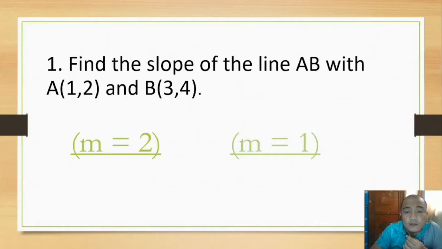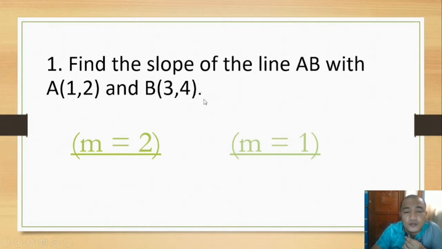Number 1, find the slope of the line AB with A at (1, 2) and B at (3, 4). This is an easy problem. We're just going to solve the slope. The formula is y sub 2 minus y sub 1 all over x sub 2 minus x sub 1.